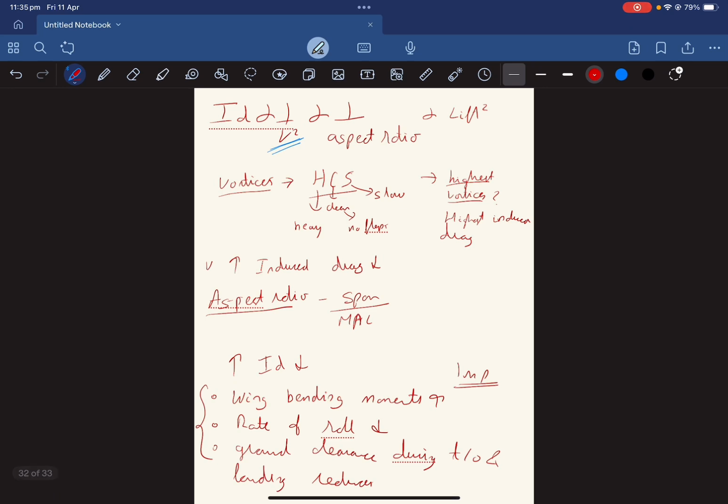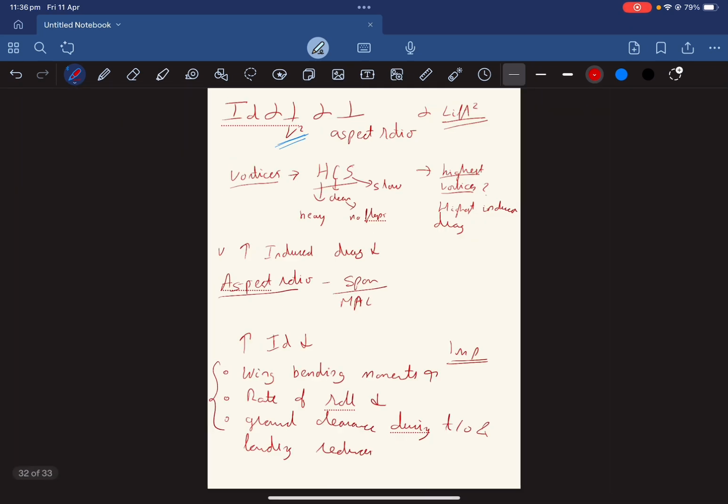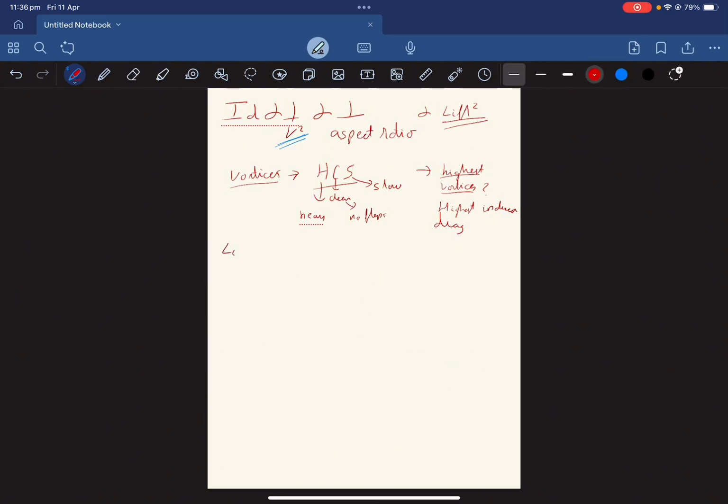Let me explain this part of induced drag lift. Alright, I'll clear this and explain somewhere over here. So when talking about lift, what I actually mean over here is when I'm rolling, or let's say turning.